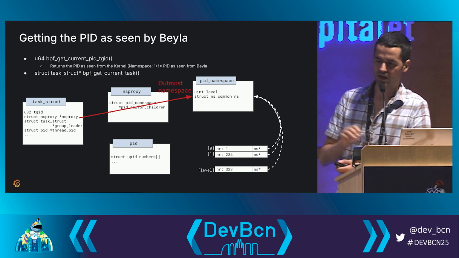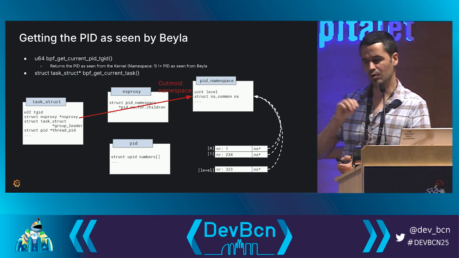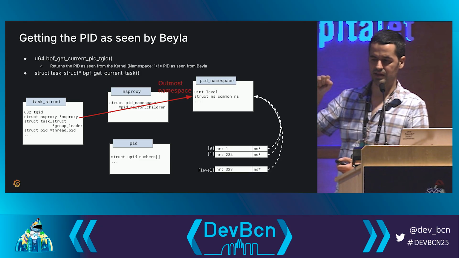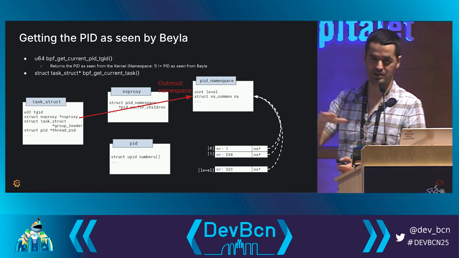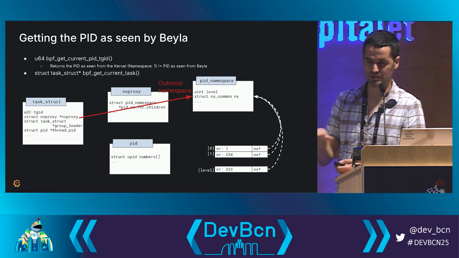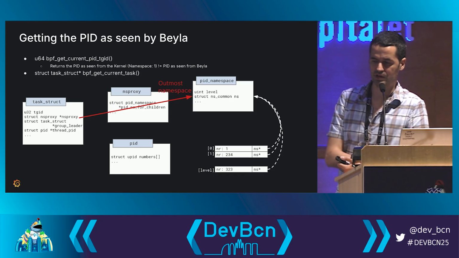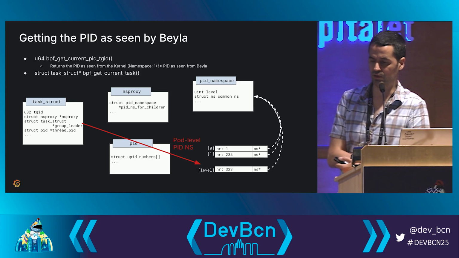By convention, we always go to the outermost namespace, which is actually the lowest level namespace, the host namespace, and then we match the information there with the PID namespace of that pod.